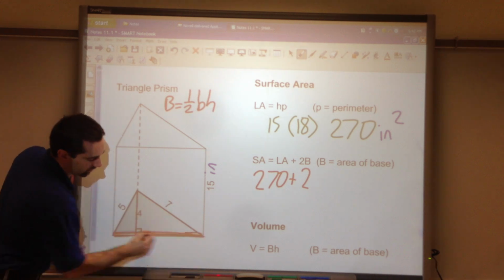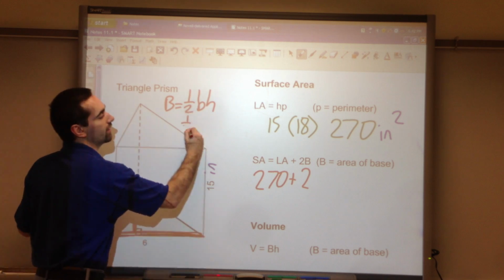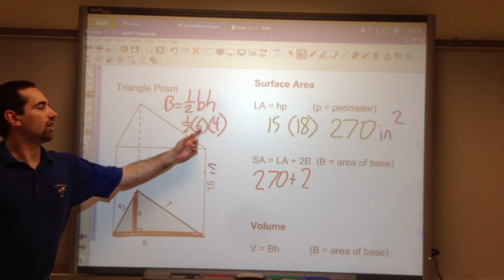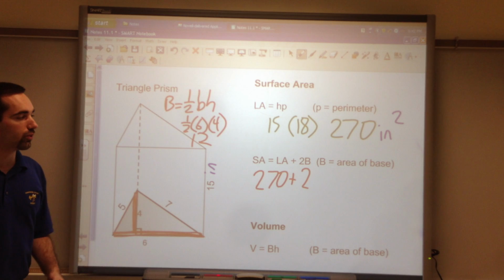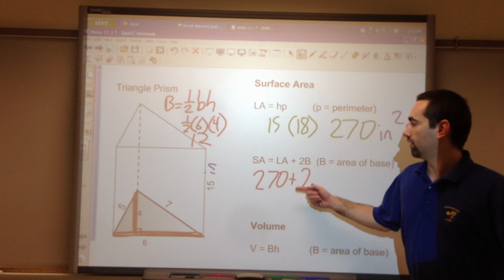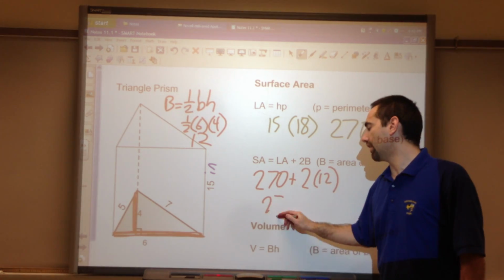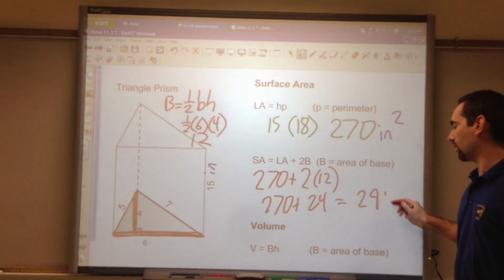So 1/2 times 6 times 4. That's 12. So the area of the base is 12. So I'm adding the lateral area plus 2 times the base, 2 times 12. So we get 270 plus 24, we get 294.